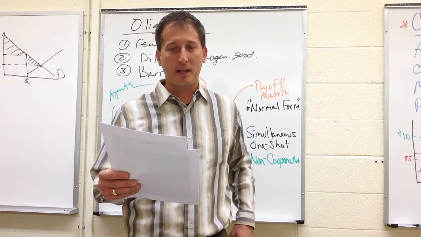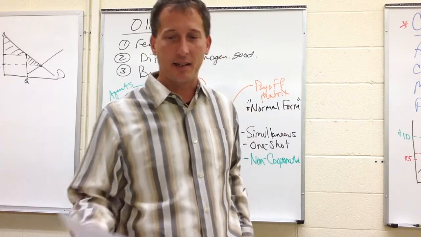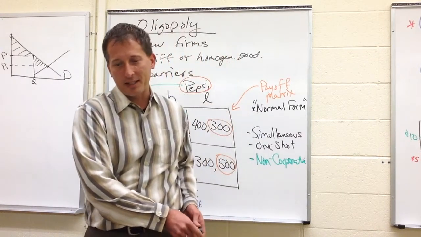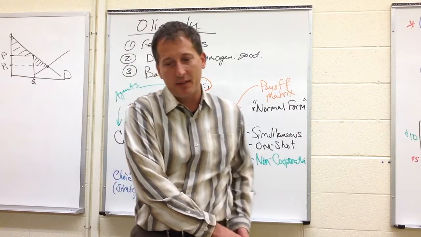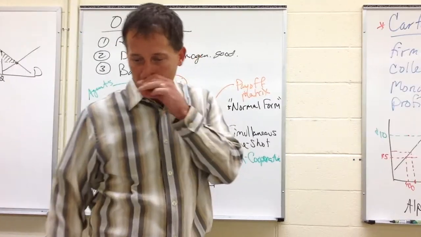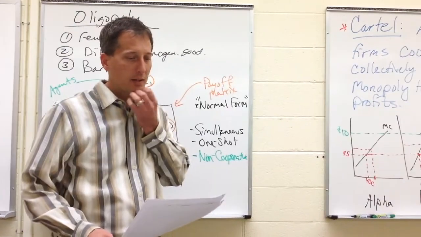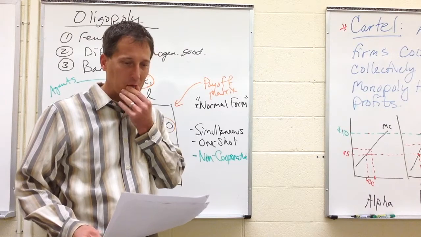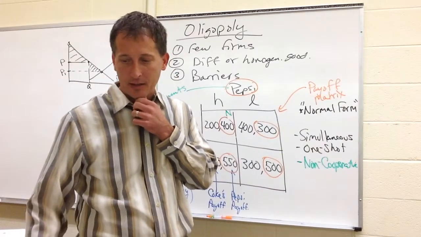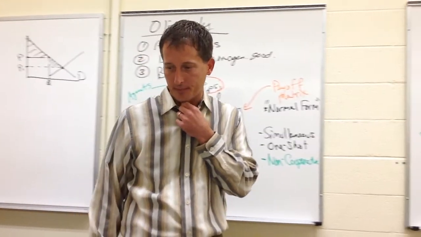Assume that chlorine can be produced by either firm at a constant marginal cost of 16 and there are no fixed costs. If the two firms collude and act like a monopoly, agreeing to evenly split the market, how much will each firm produce and what will the price of a ton of chlorine be? How much will the profit be for each firm? So we're going to treat them like a monopoly. That's the first one.